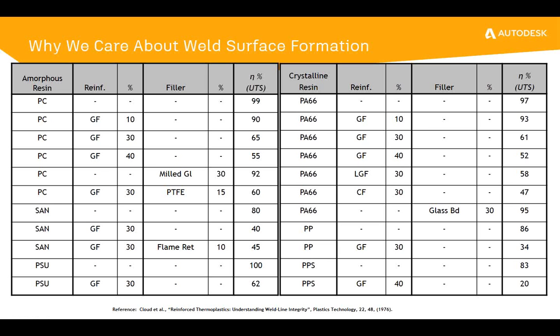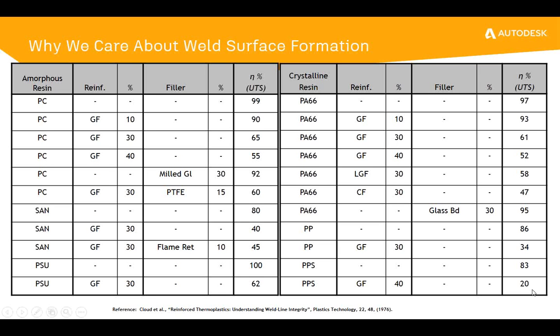We're starting to get materials that only have 65% or 55% of the strength of the pristine, neat material. And we can see as we look through these tables, those aren't the most extremes. Let's look down at the very right-hand corner where we have a glass fiber filled PPS material.